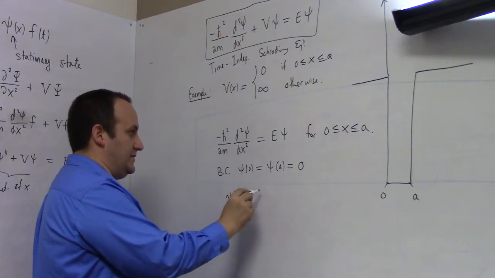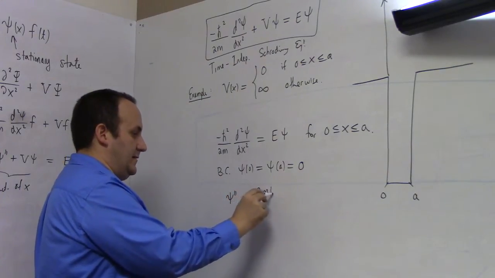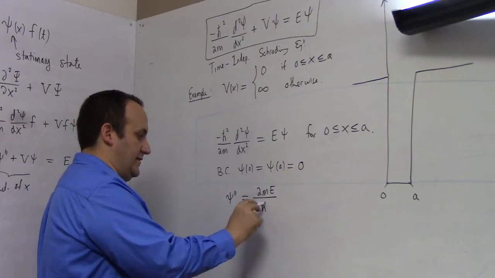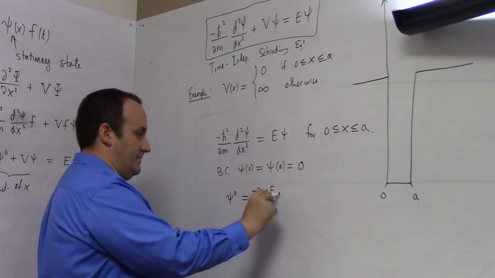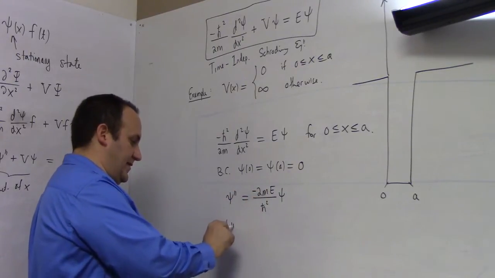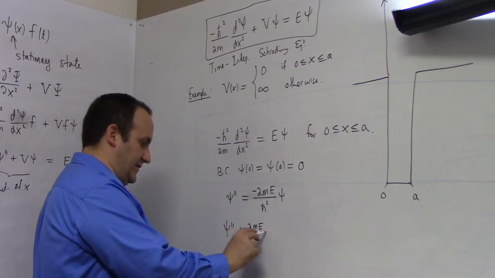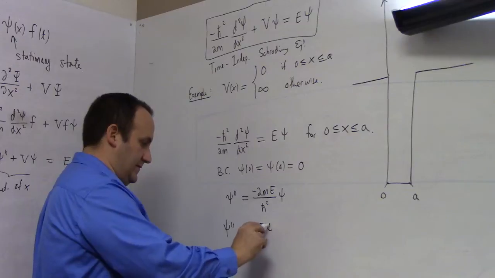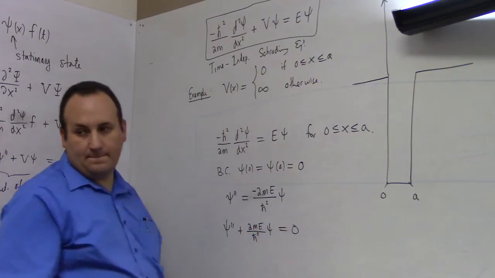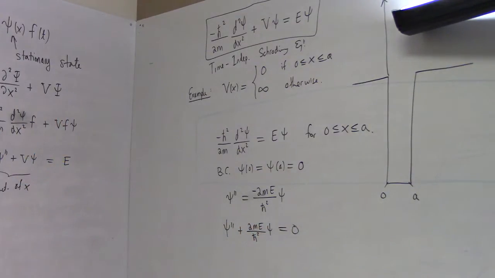Psi prime prime is equal to minus 2mE over h bar squared psi, right? Or in other words, psi prime prime plus 2mE over h bar squared psi is equal to 0, right? So we can solve that.